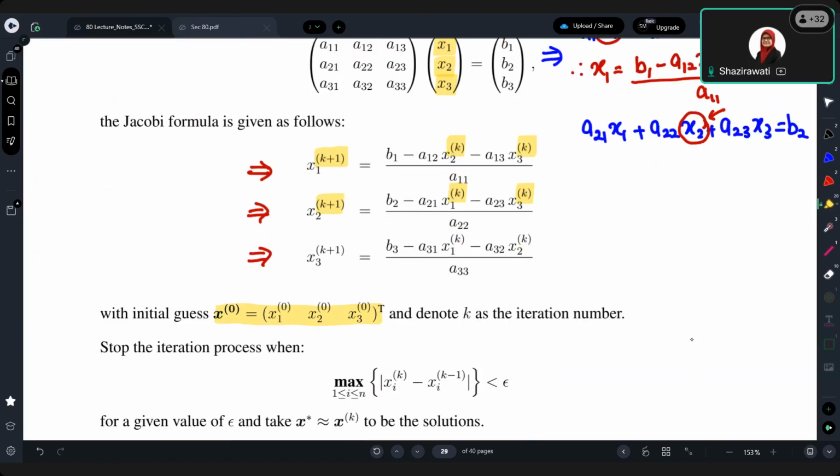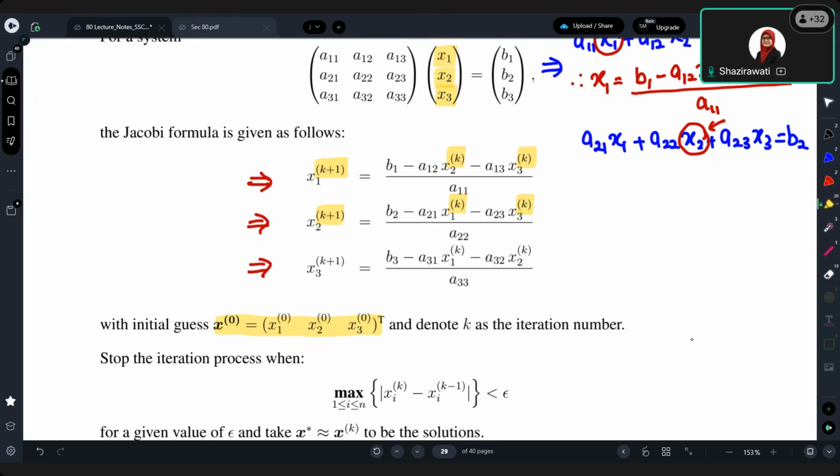If you recall earlier in bisection, you have initial A and B, false position is the same. In Newton-Raphson, you have initial X0, fixed point also has initial X0. So those are all initial values. So for every iteration method, you need to have the initial value to start with. Same in Jacobi and Gauss-Seidel, the initial guess will be given to you in the problem.